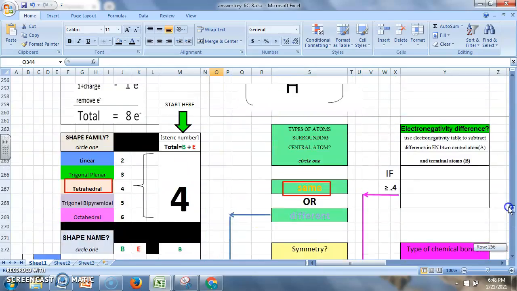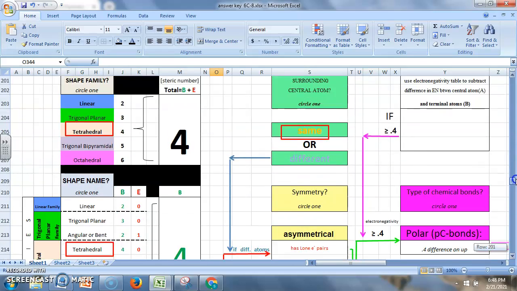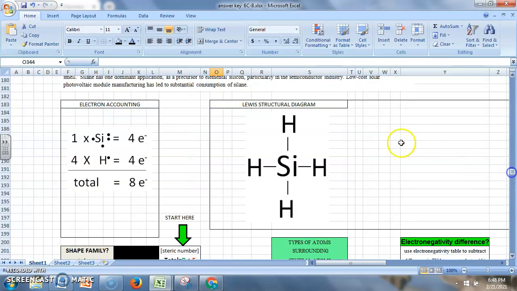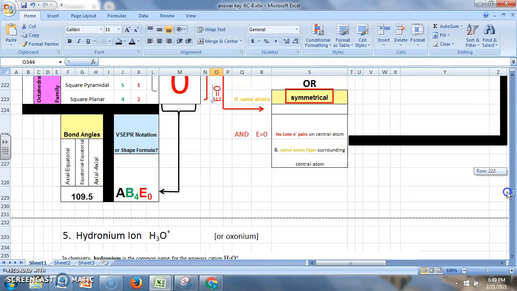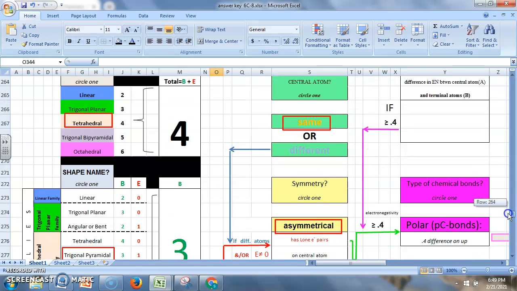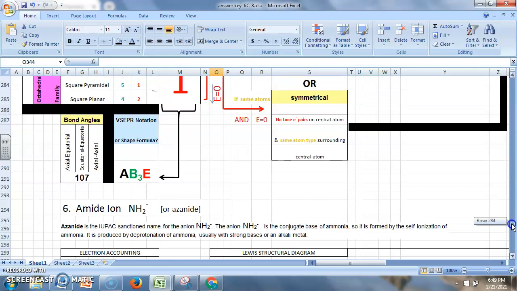What are the bond angles? Well, when we had 4 atoms, the bond angles were 109.5. When we replace one of the bonded atoms, maybe the one right here on top, the hydrogen atom, with a lone pair, that lone pair will push the atoms closer together than 109.5. It pulls them in about 2.5 degrees to 107.